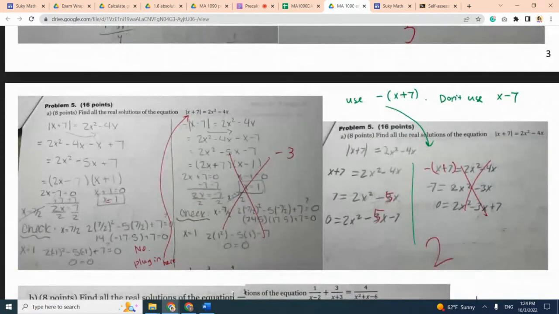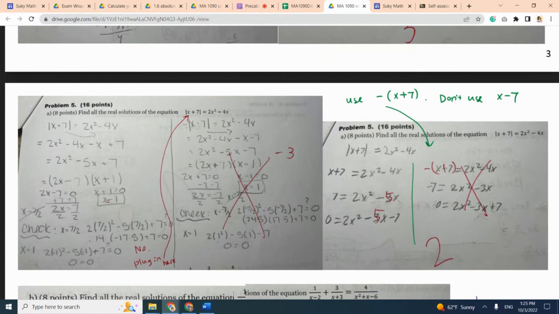Okay, and then another typical mistake is, so how do you break it? On your left, you kind of just ignore the absolute value. On your right-hand side, you put minus, parentheses, and whatever is inside the absolute value. So that's why you replace absolute value of x plus 7 by negative parentheses x plus 7.